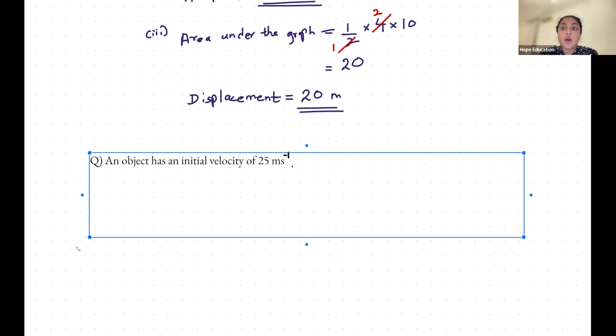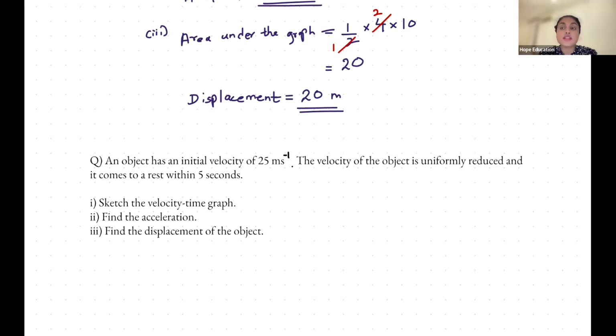So an object, this object is not starting from rest. This already has an initial velocity of 25 m s minus 1. The velocity of the object is uniformly reduced and it comes to rest within 5 seconds. So initial velocity is 25 m s minus 1. It comes to rest and all of that happens within 5 seconds.